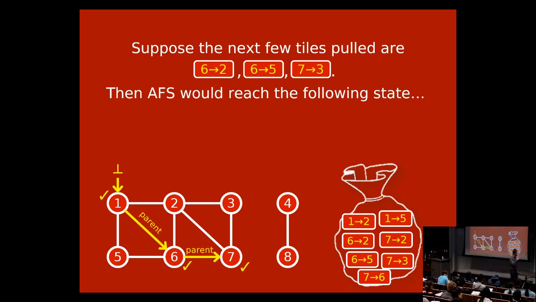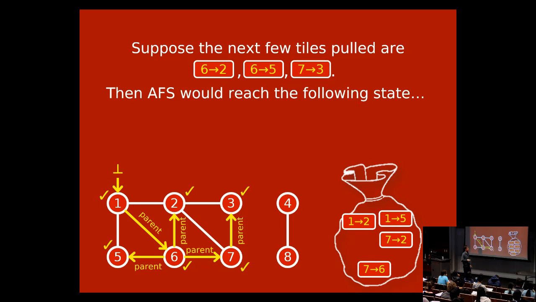Okay, so let's suppose that we continued running the algorithm at this point, and we pulled the next 3 tiles like this. Let's say the next one we pulled was 6 goes to 2, this one. Then we would add this parent information: 6 is the parent of 2. And if we pulled 6 goes to 5 next, we'd add this parent information and mark 5.